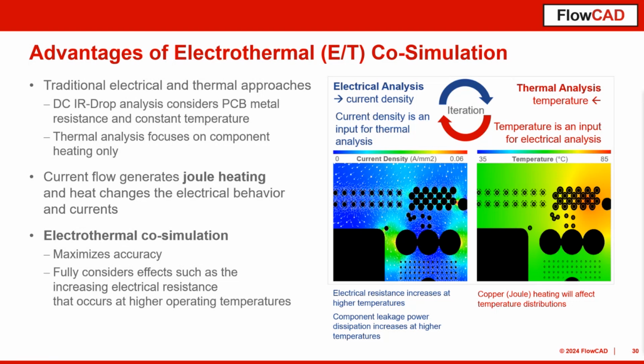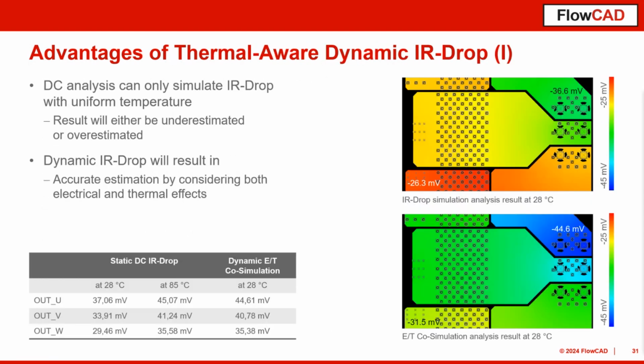This really is not very complicated. You really don't need to see or understand it in your analysis. Maybe the IR drop takes about 20 seconds and the complete ET co-simulation will be about 25 seconds. So that is very, very useful to go this way.